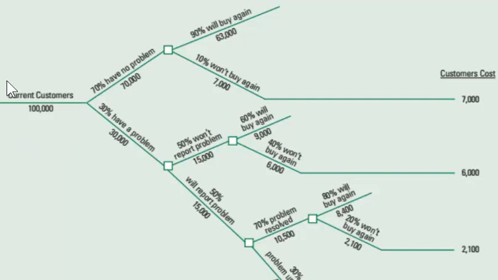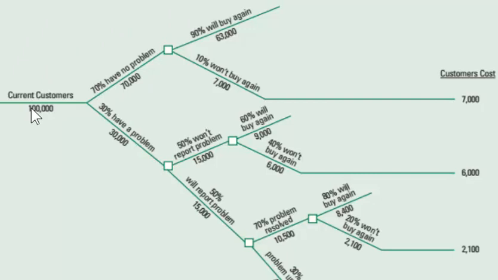So the customer base of 100,000, which means 1 lakh customers, typical example. 70% have no problem, and the 70% may vary from business to business. However, it applies to all the industries. 70% have no problem.